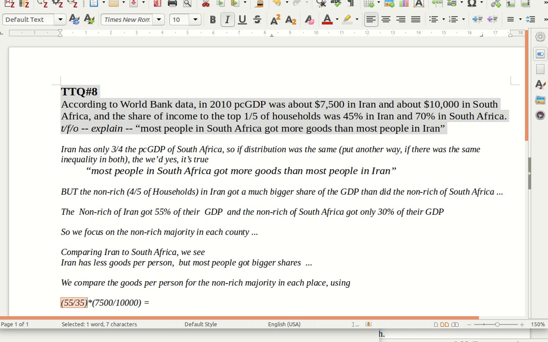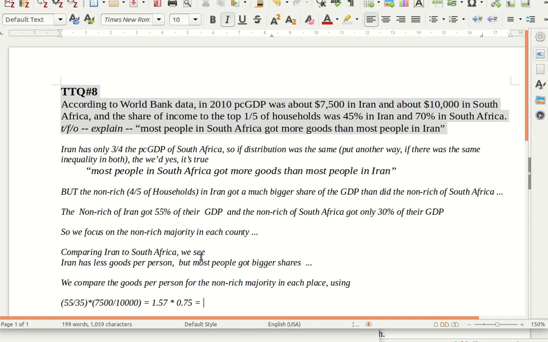So we've got to combine those two effects mathematically, and let's write down the values. All right, 55 over 35 is 1.57, so we'd say that the Iranian people's share of GDP is 1.57 times as big as the South African majority's share of their GDP. We're going to multiply that by 0.75, the 3/4.